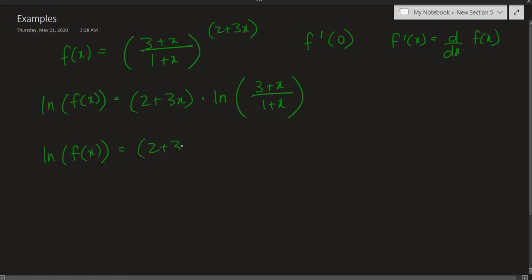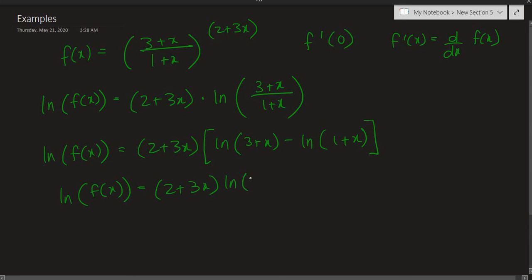We have 2 plus 3 times x. This can be written as the difference of two logs. So we have the natural log of 3 plus x minus the natural log of 1 plus x. And we can write these as two different expressions. So we have 2 plus 3 times x times the natural log of 3 plus x minus, just a distributive property, 2 plus 3x times the natural log of 1 plus x.